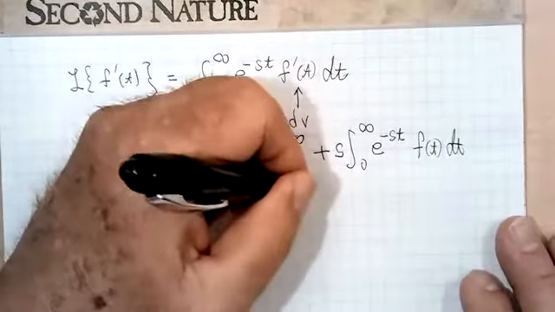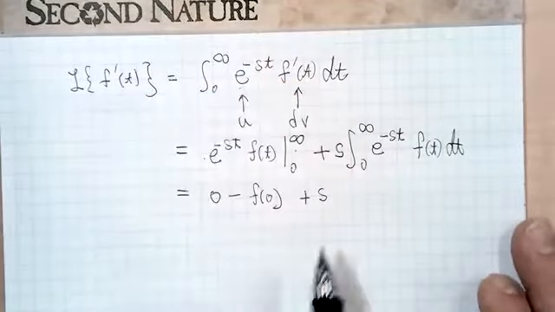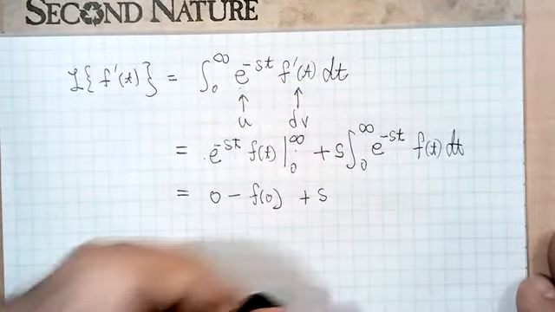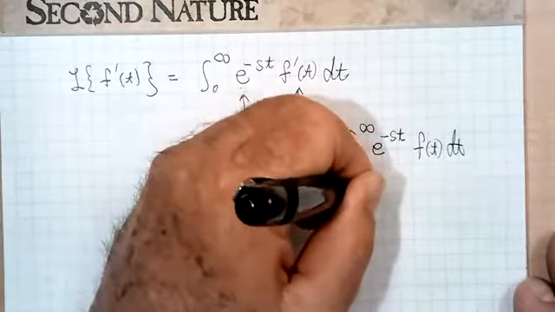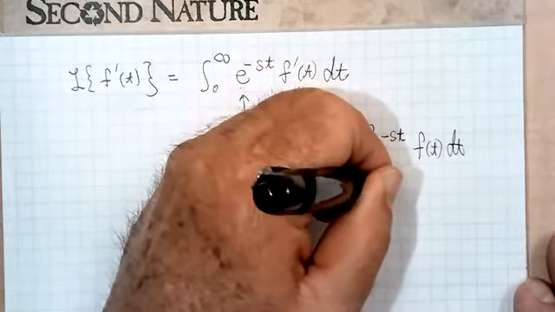This piece, on the other hand, is s times a very familiar integral, s times the transform of f at t.